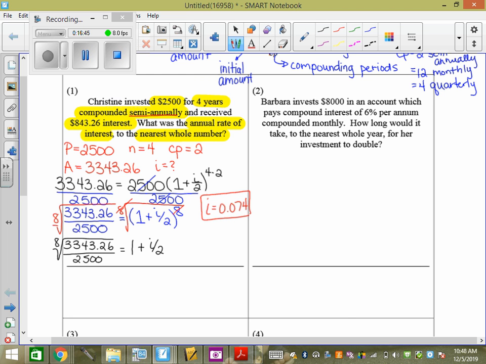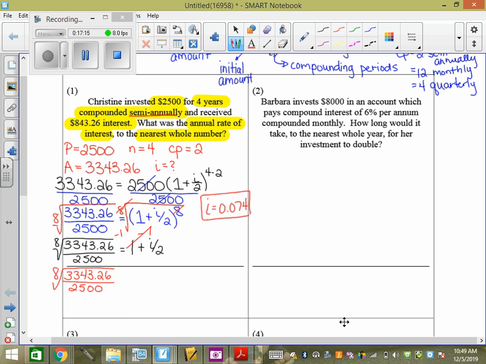What's my next step to get i by itself? Subtract the 1. The 2 is attached to it. Anything that's attached to the variable I can only touch when everything else is gone. So I have to subtract 1 first. So now I have the 8th root of this lovely fraction. And why am I not just taking a rounded decimal approach in the middle of this?